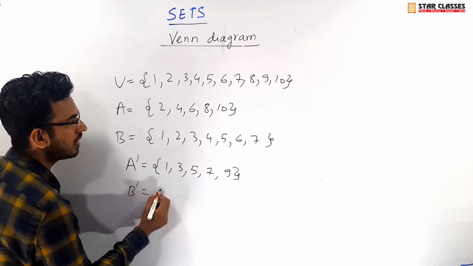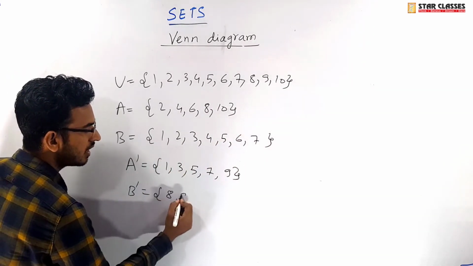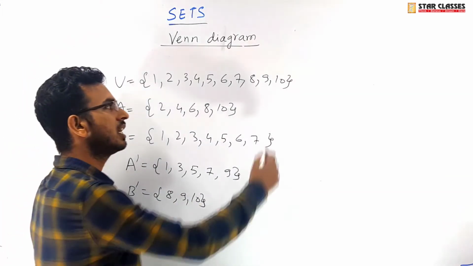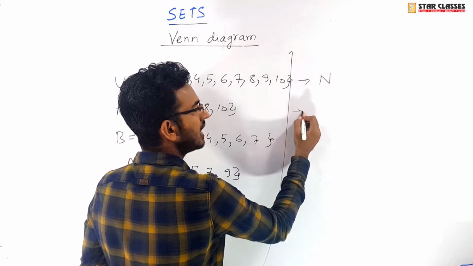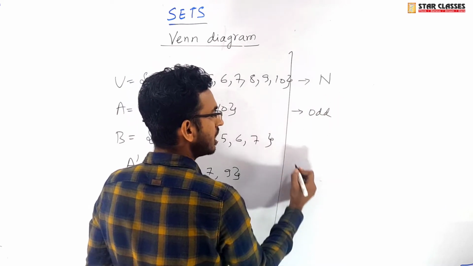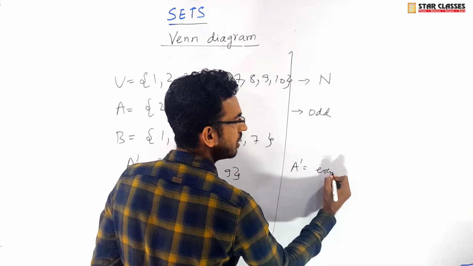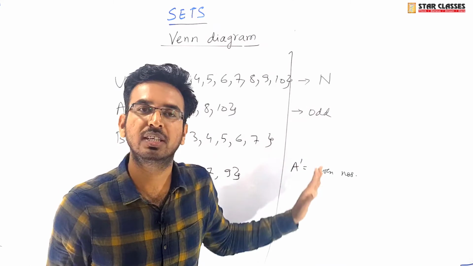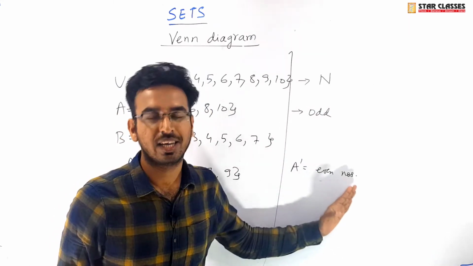B complement will be, apart from 1 2 3 4 5 6 7, that is 8 9 10. Okay, if I say your universe is natural numbers, your set A is odd numbers, what will be complement of A? Complement of A will be even numbers, because you are leaving all the odd numbers, or you can say numbers which are not odd, or all the even numbers.